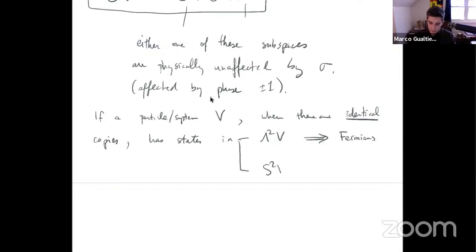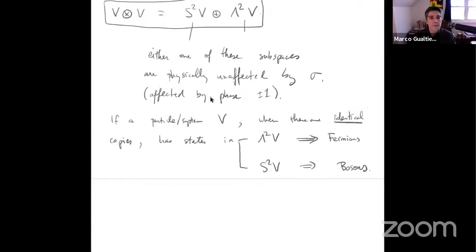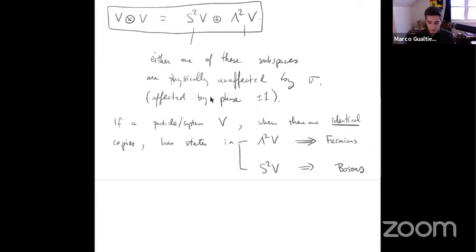When it's in S2V, we call these bosons. So this is what physicists mean when they talk about statistics.